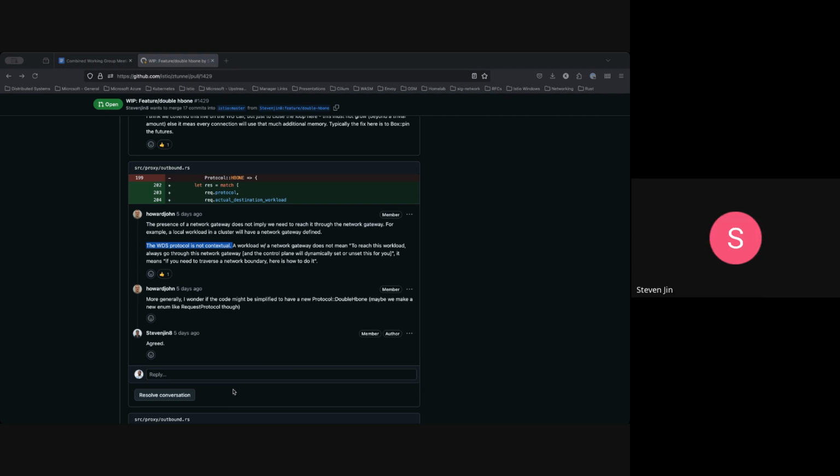Okay, that helps. So the point is, WDS is kind of contextual in this scenario. Maybe one thought is, maybe we should find a name for the two modes, because it's confusing both us and our users.